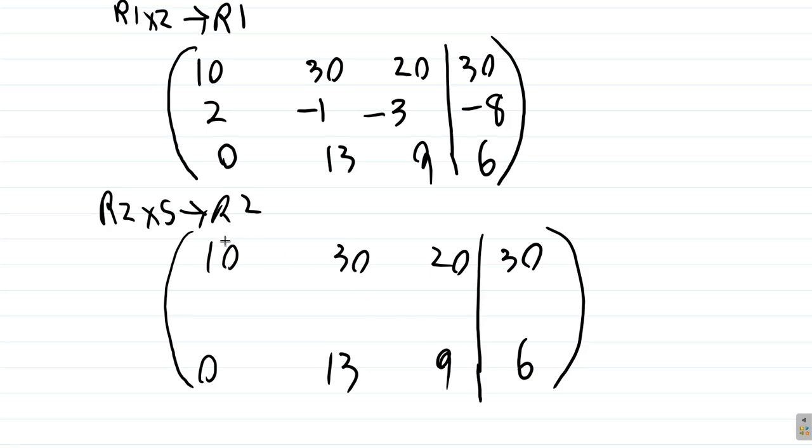But we'll multiply our previous row 2 by 5 and write the new row 2 here. 2 times 5 is 10, negative 1 times 5 is negative 5, negative 3 times 5 is negative 15, 8 times 5 is 40, negative 8 times 5 is negative 40. Okay. We could have done both of them one time, but we want to avoid the mix-up and the mistakes that they might lead to.